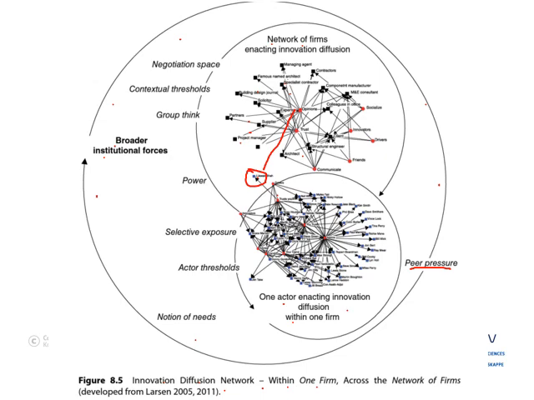Okay, so I want you guys to be able to list these items: negotiate the space, contextualize thresholds, and then you've got your group link between the different items. That's now the link that I spoke about here. Power: how much power does a person have?